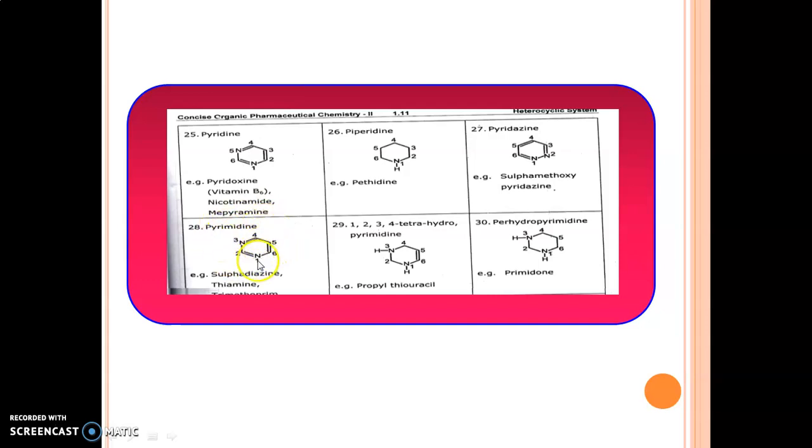Next ring is pyrimidine. In this ring, there are 2 nitrogens at 1,3 positions and 3 double bonds. 1,3,4-tetrahydropyrimidine is a partially saturated form of pyrimidine. In this, there is only 1 double bond at 5 position. Next ring is perhydropyrimidine. It is a saturated form of pyrimidine. There is no double bond in this ring.